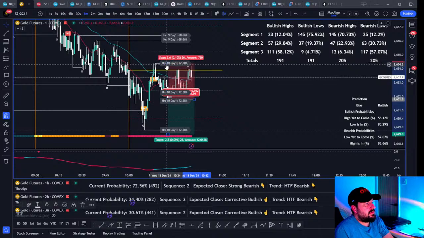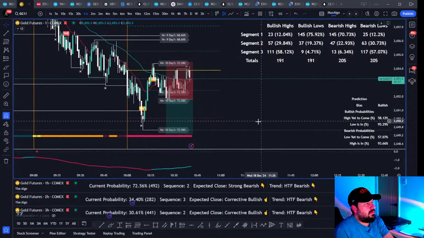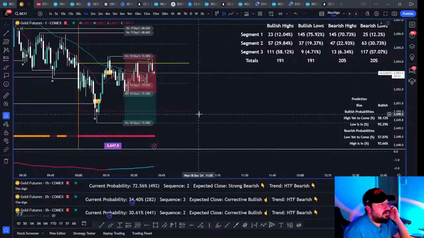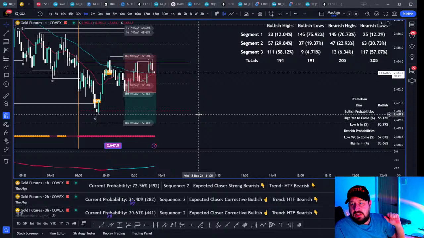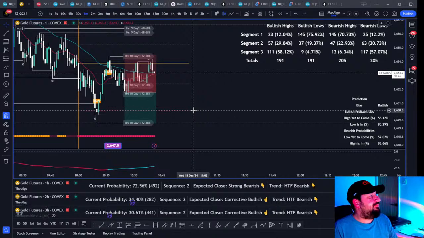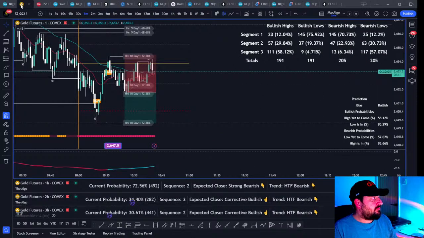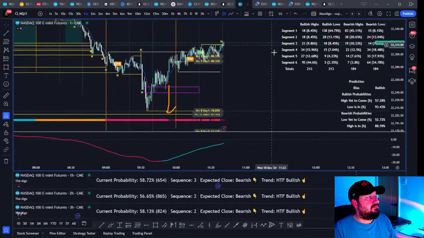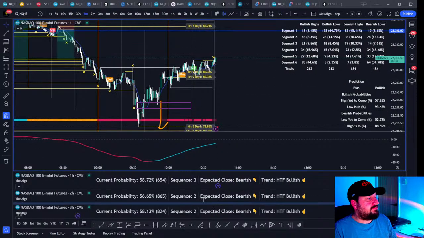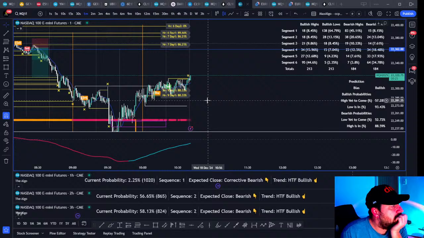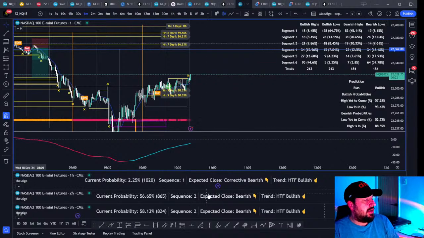The entry, I think it was. We're in the last 20 minutes. ES is just motoring. Gold's messing around. CL's messing around. NQ starting to just creep up. We're coming up to that zero line.